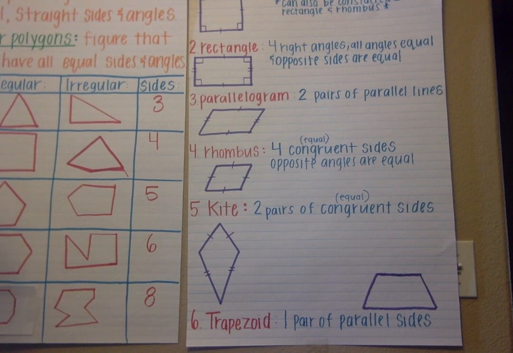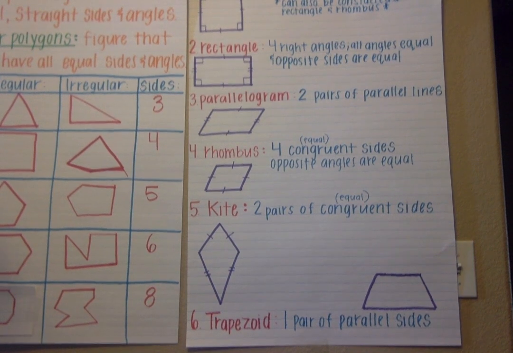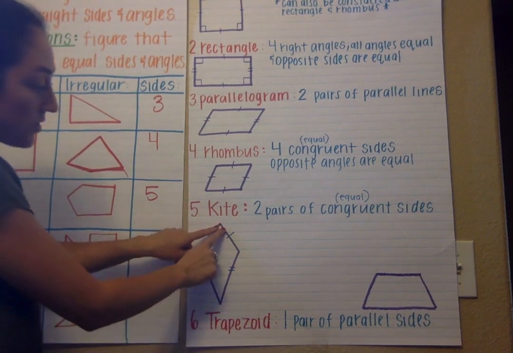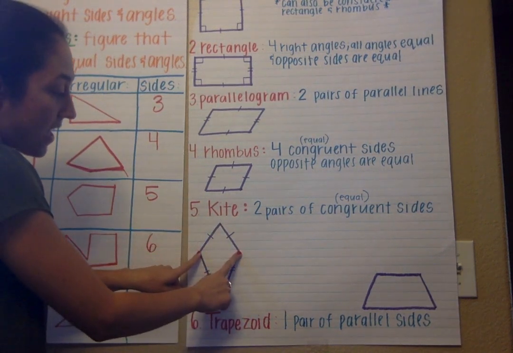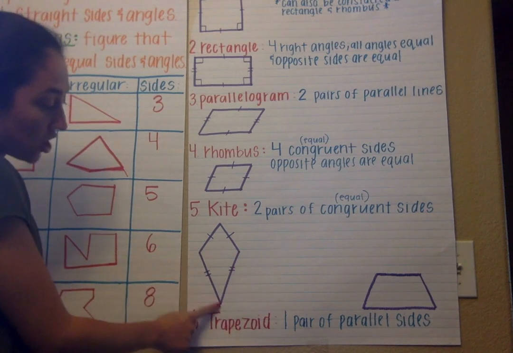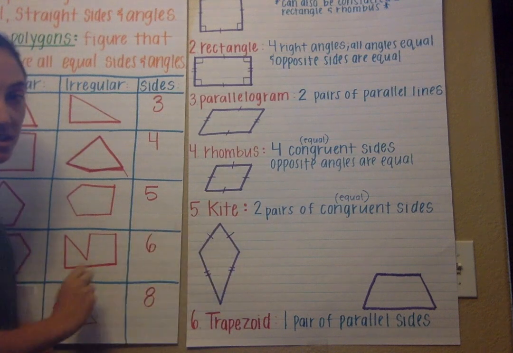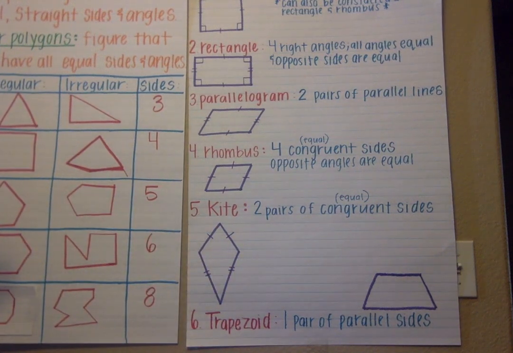A kite. A kite is still a quadrilateral, but it is considered irregular because not all the sides are equal. So these top two are, and then these bottom two are much longer. These bottom two are equal to each other, but not equal to the top. So that's considered an irregular quadrilateral.